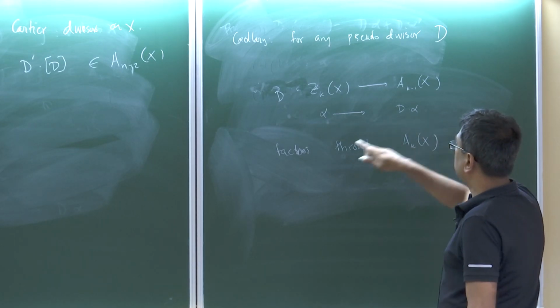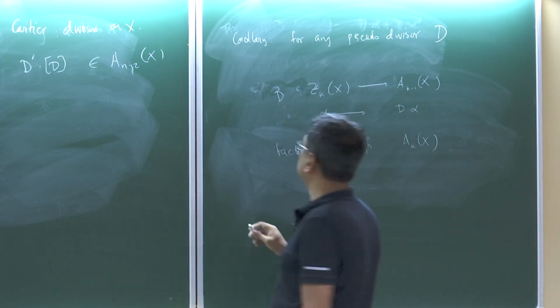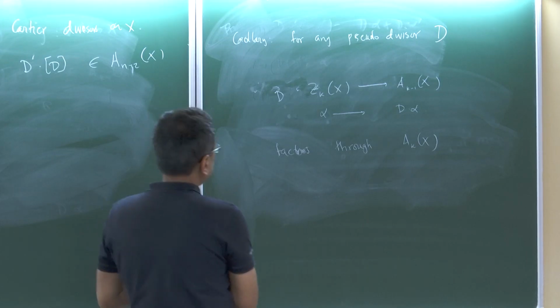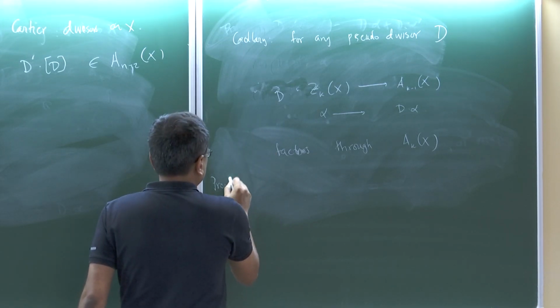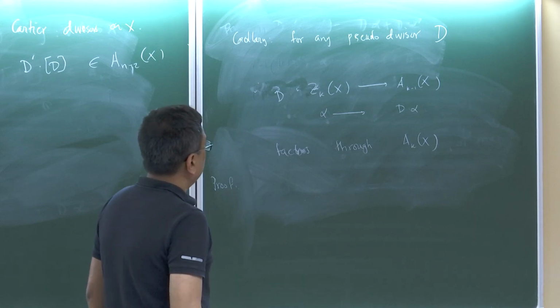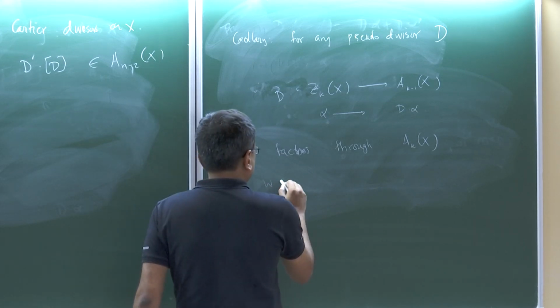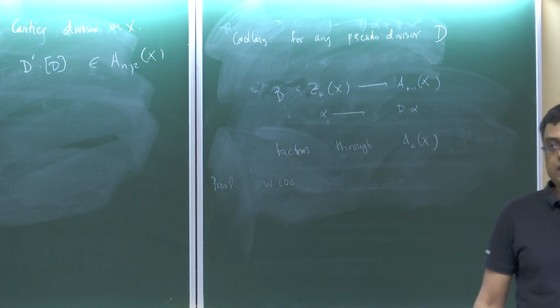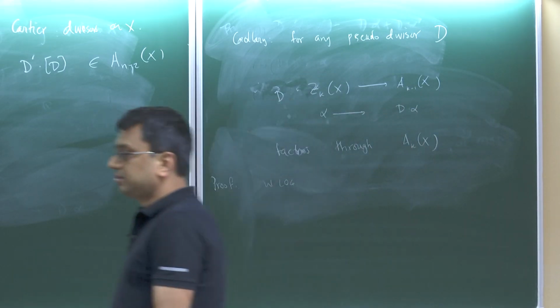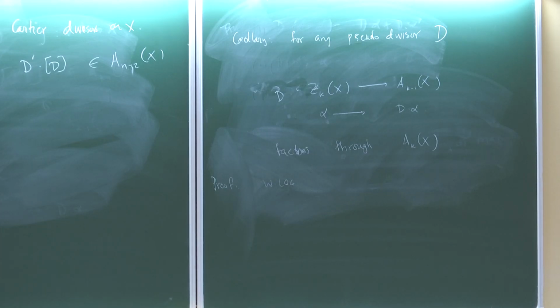So this fact, why is this true? Because, so proof of this corollary. So without loss of generality, what are all the rationally equivalent cycles in Z_k of X? The group Rat_k of X is generated by something. What is it generated by?